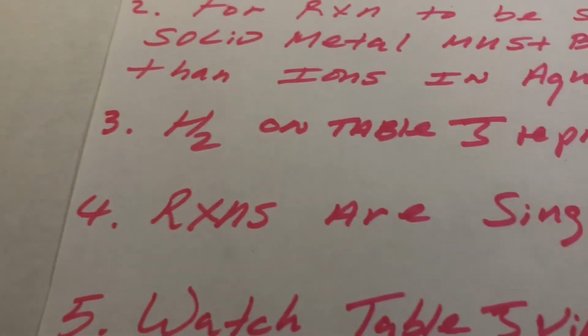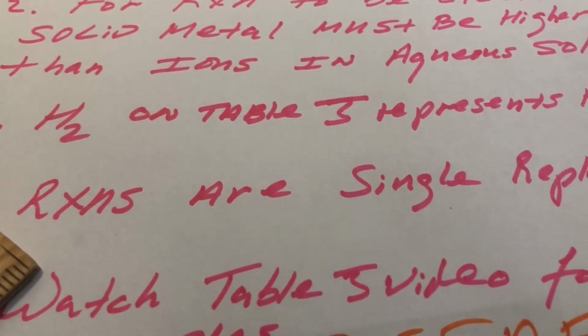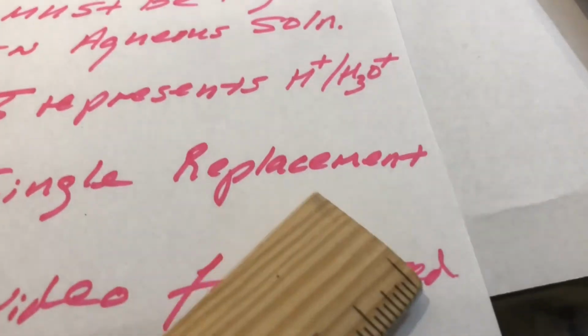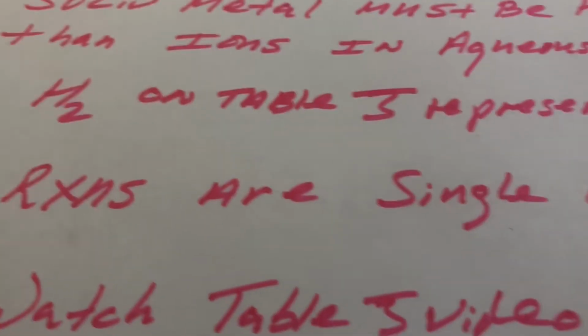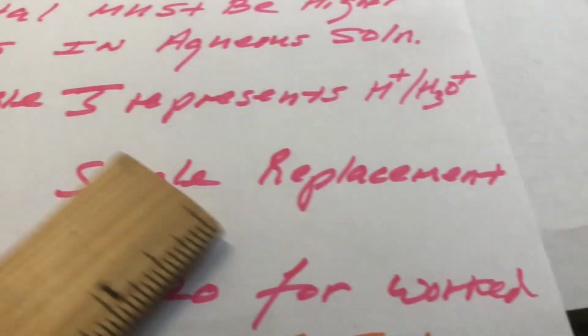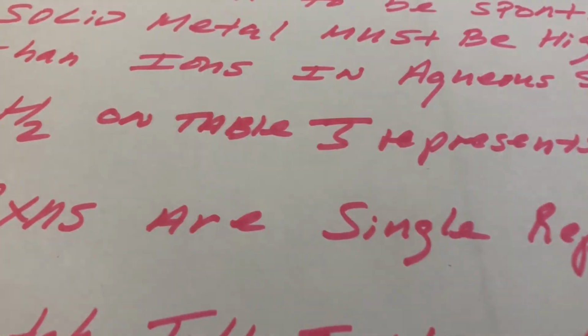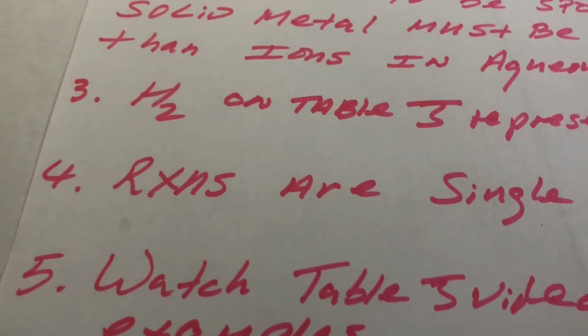Point number 4, reactions on Table J are single replacement reactions. Single replacement is always an element and a compound giving you an element and a compound, and you can tell whether it'll be spontaneous or not based on the location.